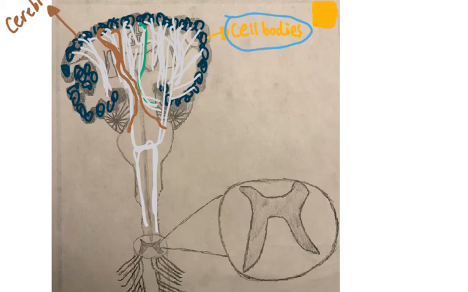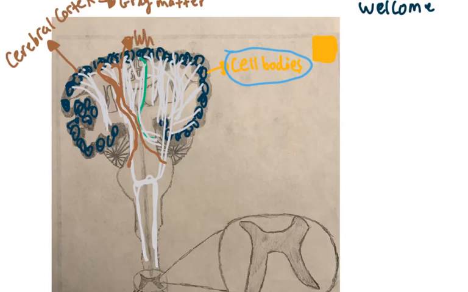So this also represents white matter, because it's part of the corticobulbar tract. That's pretty much the difference between white matter and gray matter: white matter is just a bunch of long myelinated axons if we look at the brain.